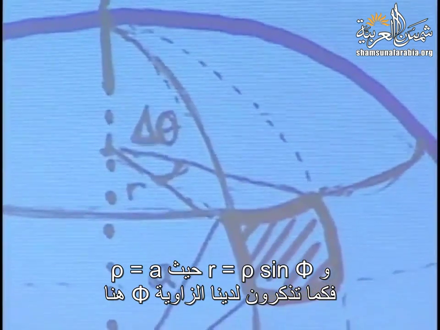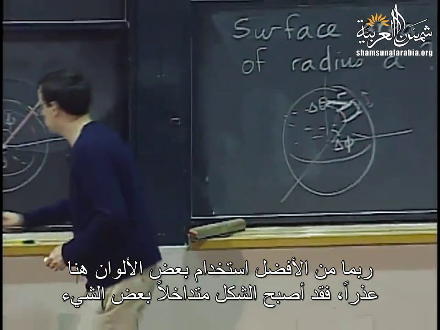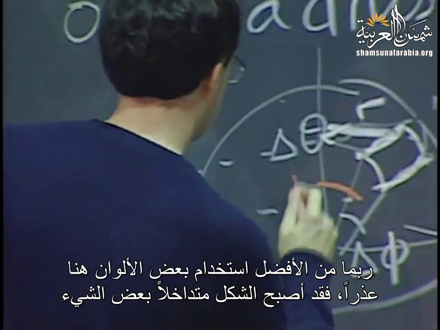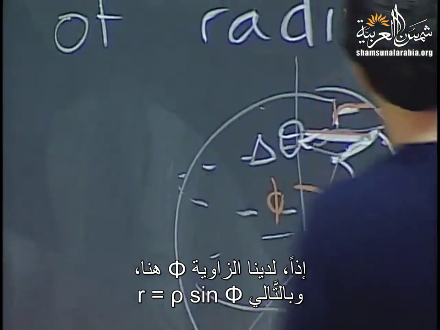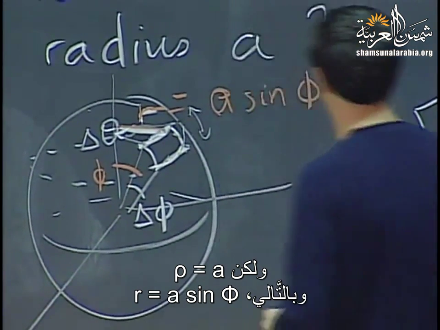And r is just rho, well, rho is a times sine phi. Remember, we have this angle phi in here. Sorry, it's getting very cluttered. So we have this phi, and so r is going to be rho sine phi, but rho is a. So let me just put a sine phi.